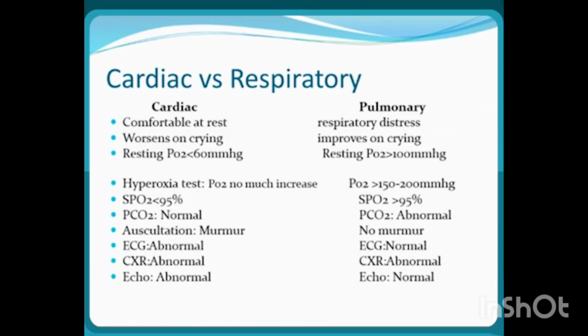Then resting PO2 is less than 60 millimeters of mercury in the cardiac patient, whereas in pulmonary, resting PO2 is more than 100. This is very important, the hyperoxia test. This is a very important test to differentiate between the two.